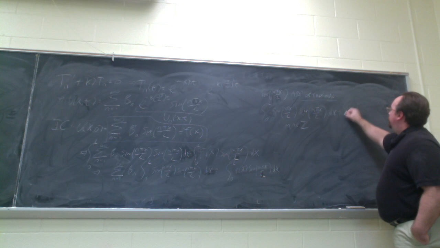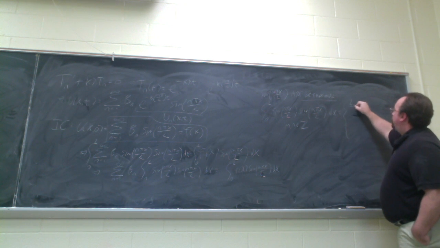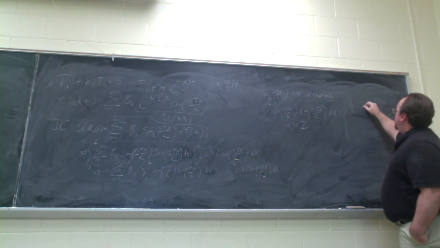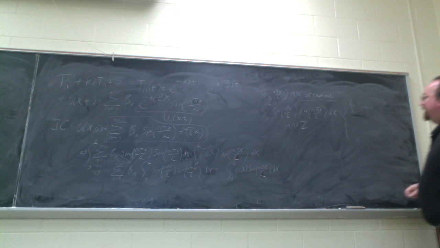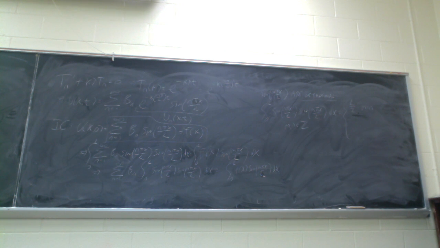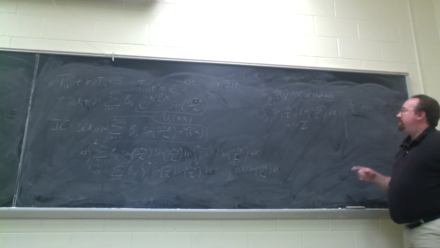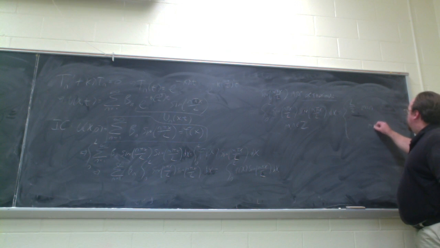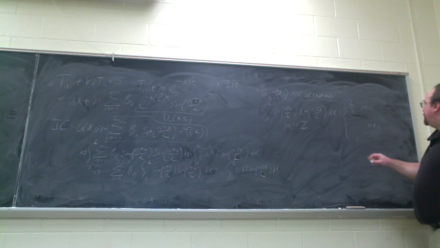Is equal to L over 2, whatever L is, in the case where m is equal to n. You get a sine squared, and you can use a half-angle formula to work out the integral. If m is not equal to n, you can use a product to sum.